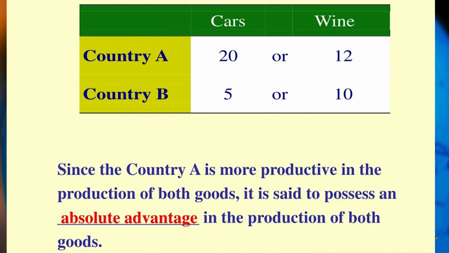Here from the table it is clearly seen that country A can produce 20 cars and 12 units of wine, but for country B the figures are 5 and 10. So country A has an absolute advantage in production of cars and in production of wine.